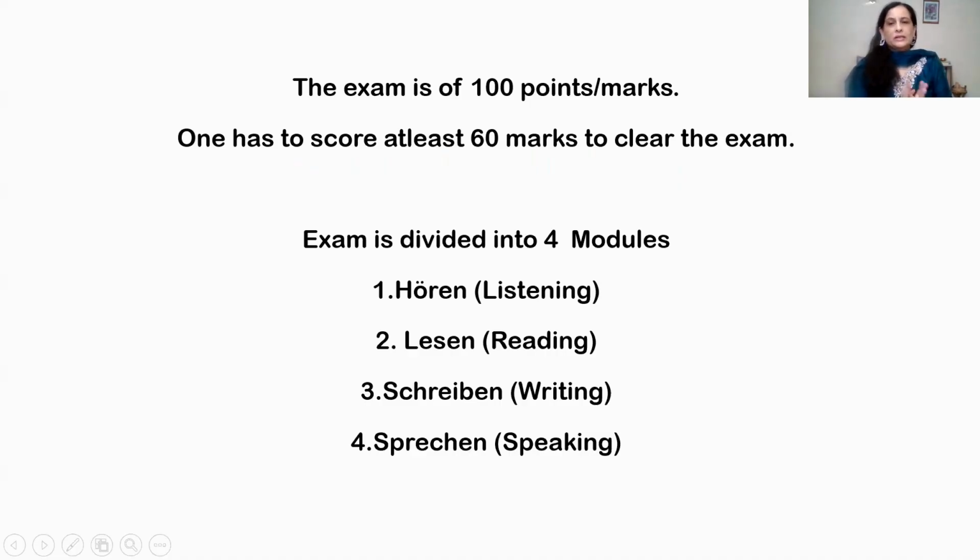So you have to get 60% marks to clear the exam. Now, this exam is divided into four modules, right? Hören is listening, Lesen is reading, Schreiben is writing, and Sprechen is speaking.